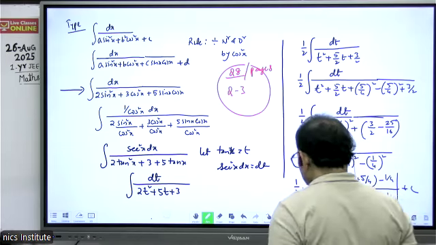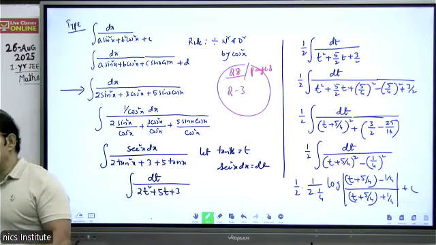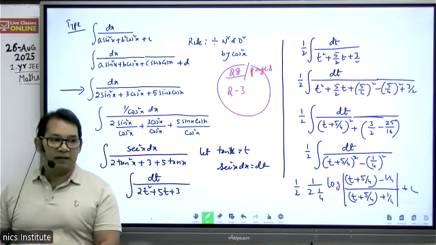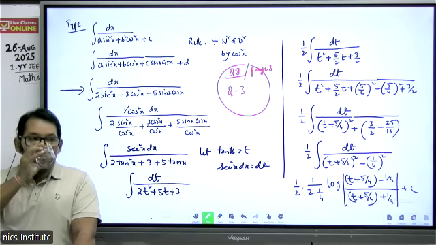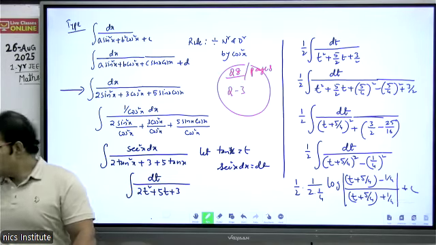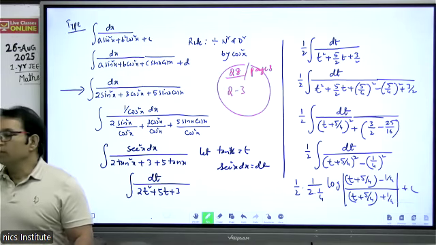See, if a question involves trigonometric functions, all the angles must be the same. You can't have sin x and sin 3x at the same time. Convert sin 3x into sin x. Don't know the identity of sin 3x?